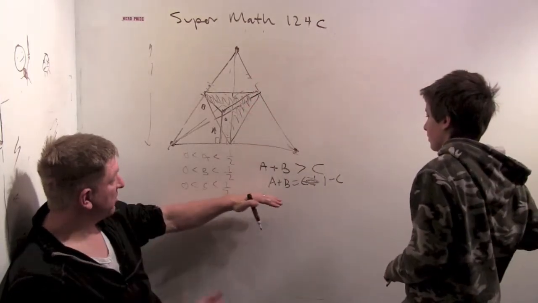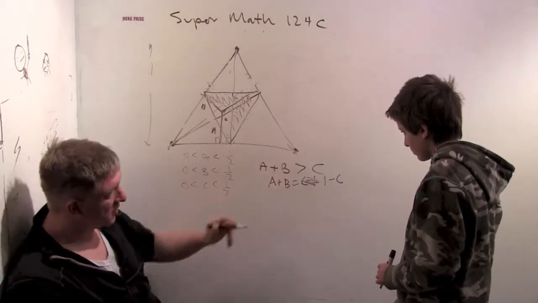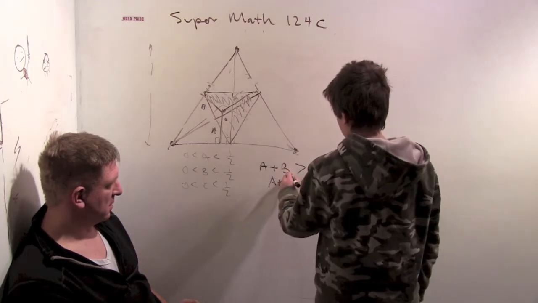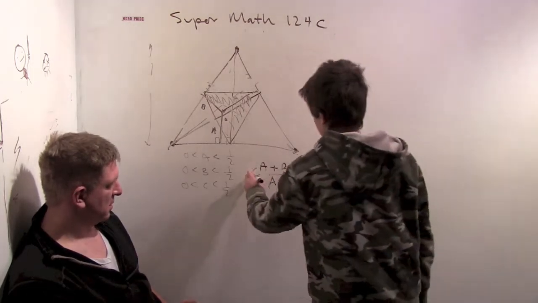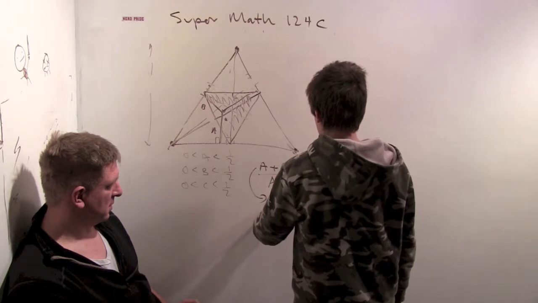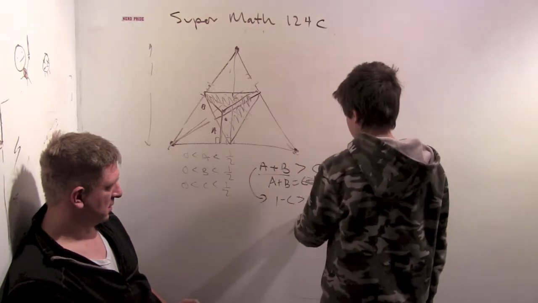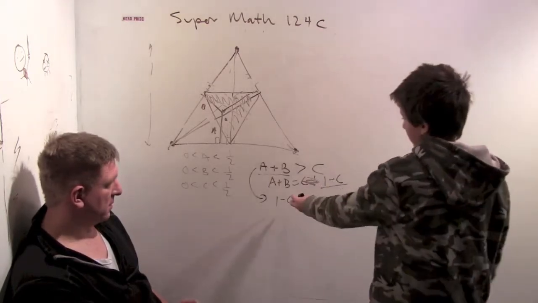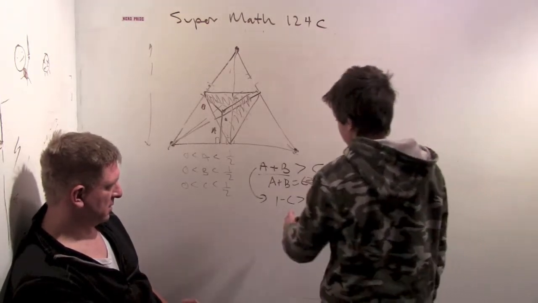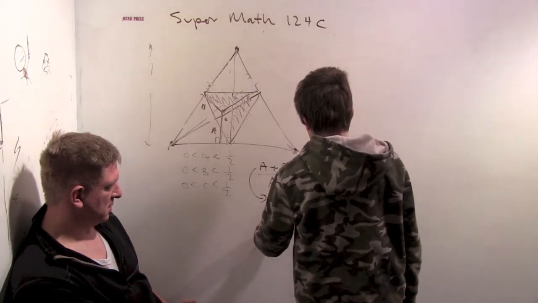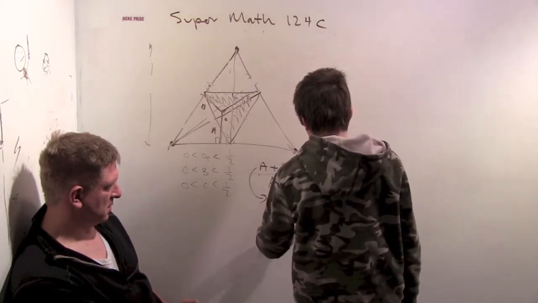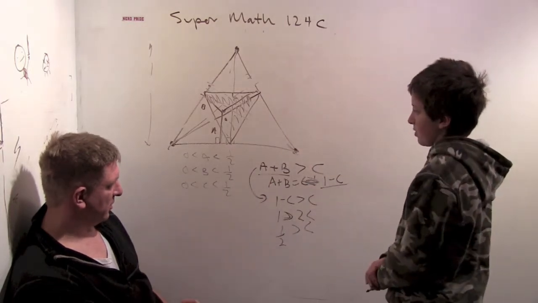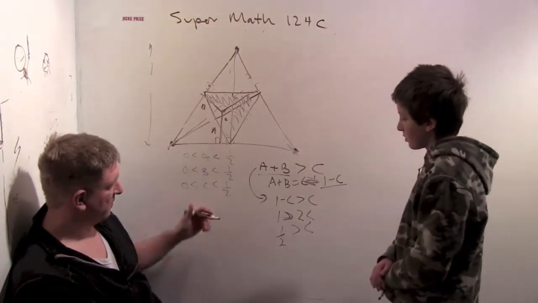So we can substitute this value for A plus B. We get 1 minus C is greater than C. Is that true? We can add C to both sides: 1 is greater than 2C. So 1/2 is greater than C. Is that true? Yes, that's true.